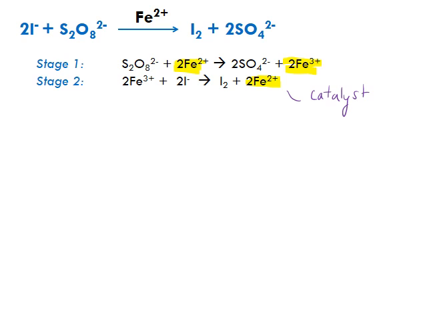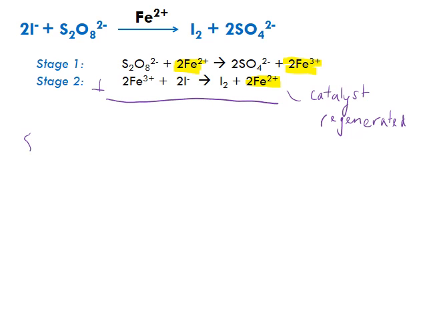And the question asks us to write an overall equation for the reaction. The easiest way to combine two equations is just to add up the reactants and then add up the products together, so effectively a big sum.